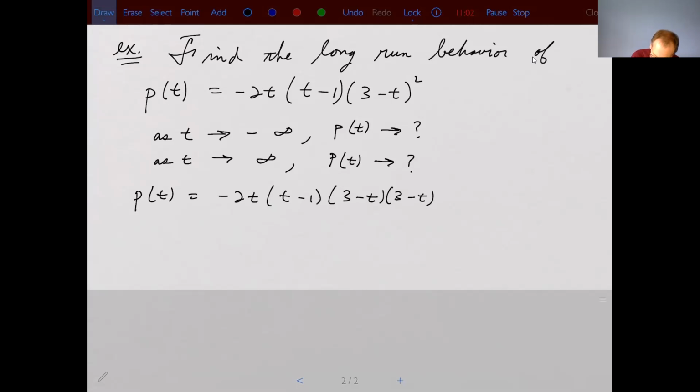So if I multiply this out, I'm going to get, I guess, 9. Then I have a minus 3t, another minus 3t, so it's going to be minus 6t, and then plus t squared. And now if I multiply these two polynomials, I need to multiply by the t, and then the negative 1.